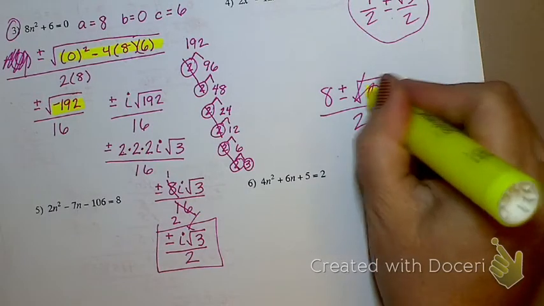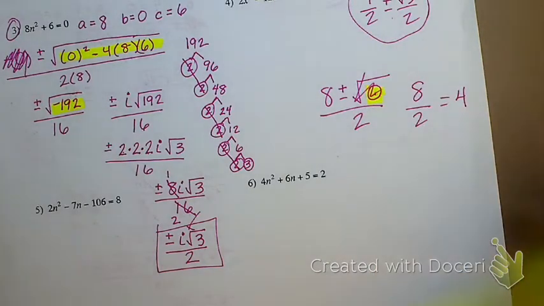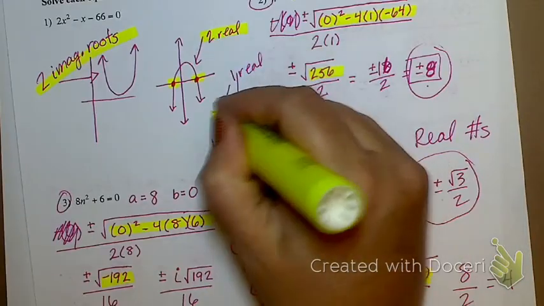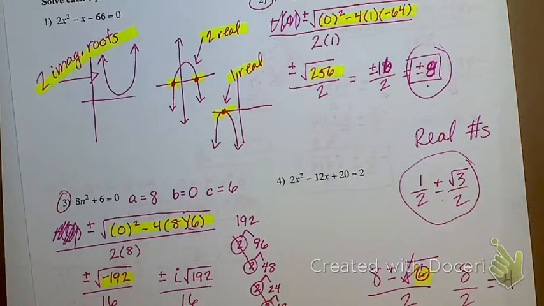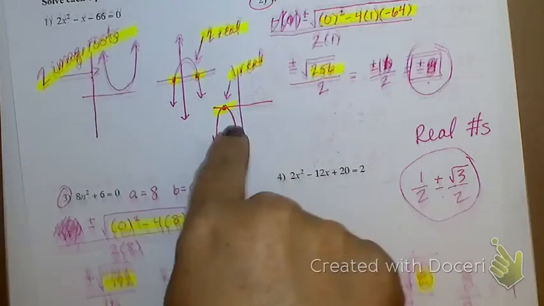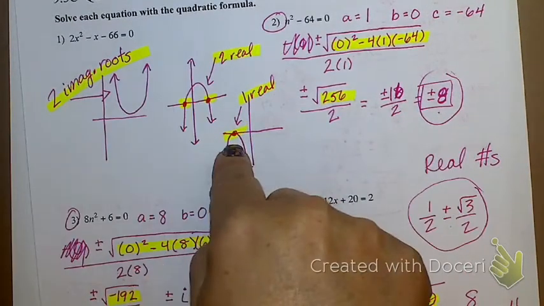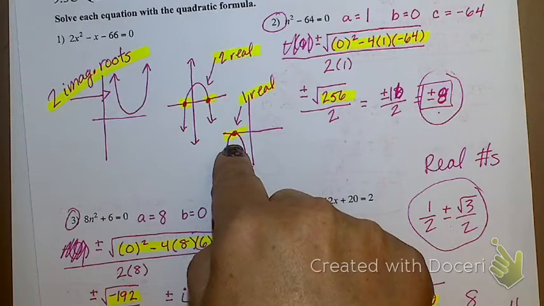And if what's under the radical ends up being 0, then guess what? I have one real answer. So I don't really care about the radical so much as I care what's underneath the radical if I'm trying to determine what situation I'm in. Does that make sense? That's where the discriminant comes into play.